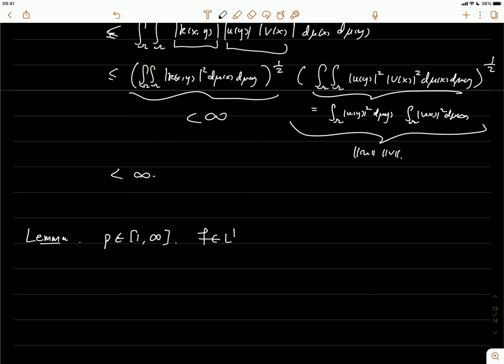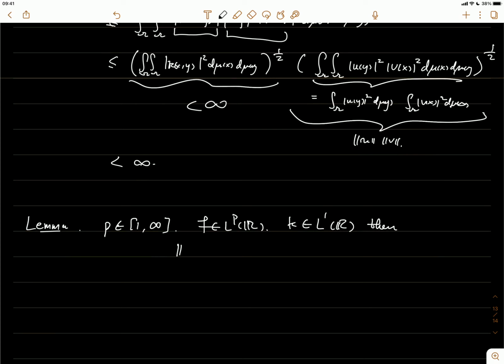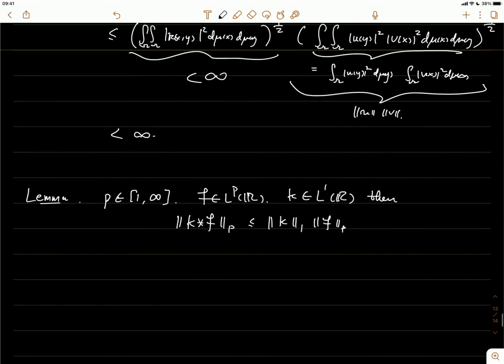And f is in L^p, k is in L^1. Then what we can claim is, we take a convolution of k and f. Its p norm is going to be bounded by the 1 norm of k times the p norm of f. Okay, so we're going to prove this.